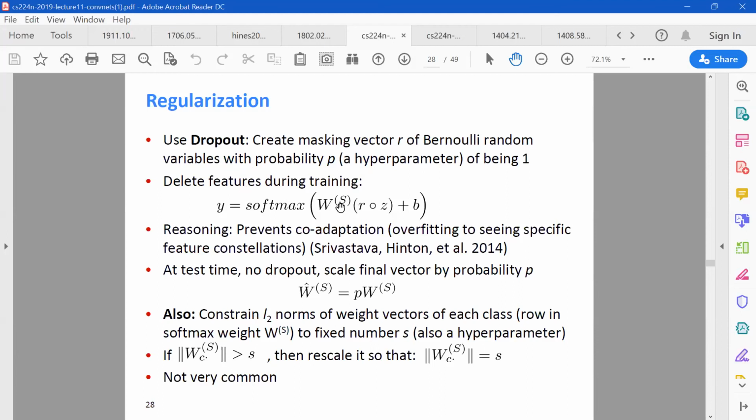So this R, or this Z, is some kind of a map of the dropout that takes away some of the inputs from this linear transformation.